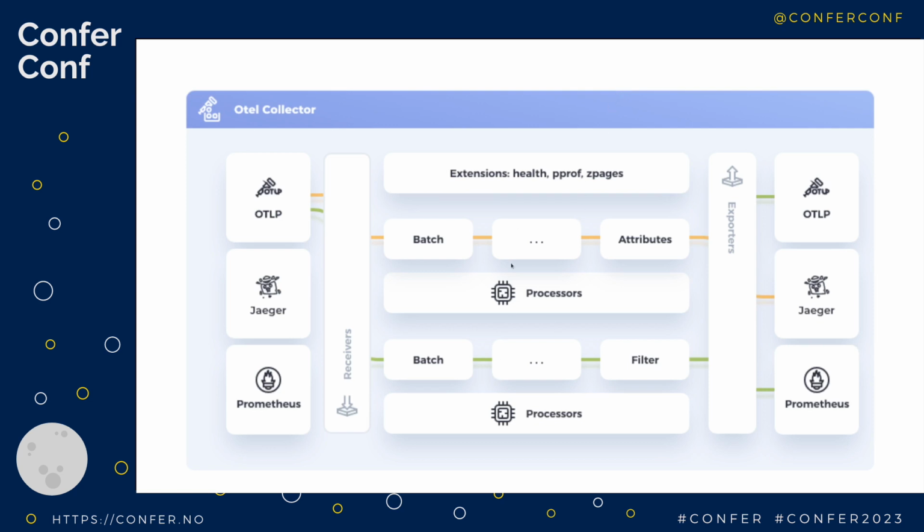You can do some processing, like ensuring that you are using authentication to gather telemetry data. You can do batching, filtering the data because maybe you don't want to have everything stored, and later you can export with one exporter.